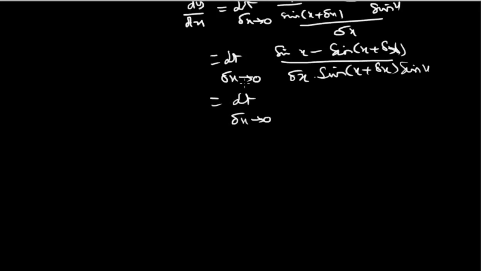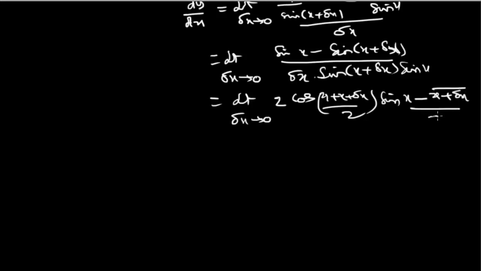Sin C minus sin D is 2 cos of C plus D by 2 into sin of C minus D by 2. So 2 cos of (x plus x plus delta x) by 2 into sin of (x minus x plus delta x) by 2, whole divided by delta x into sin of x plus delta x into sin x.